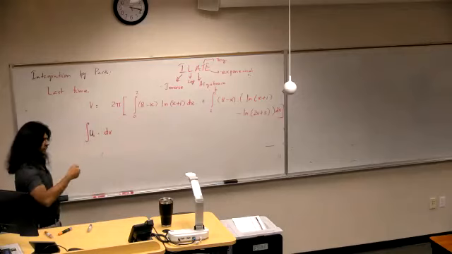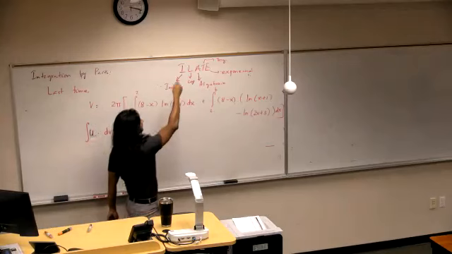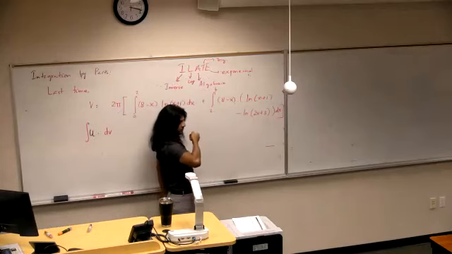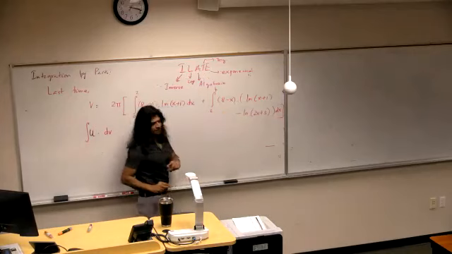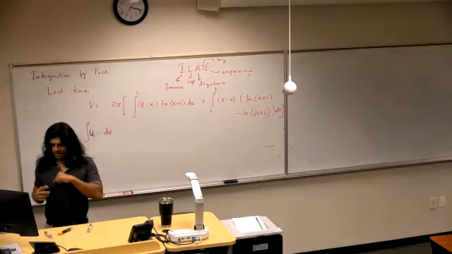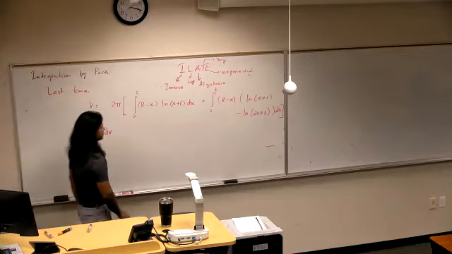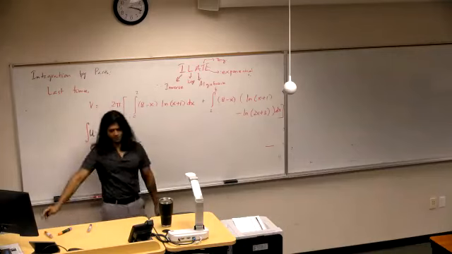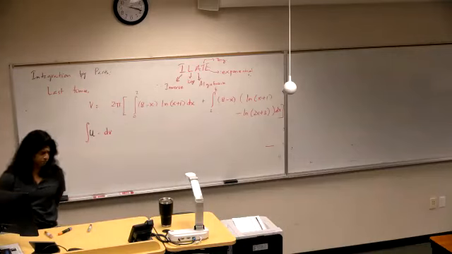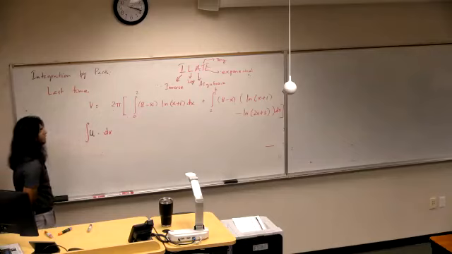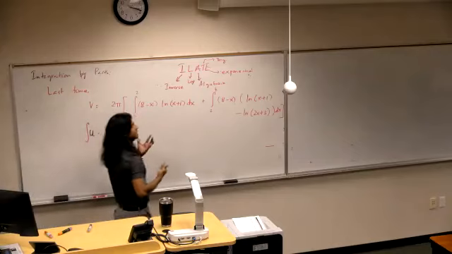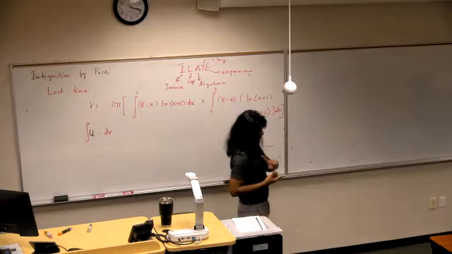Good? So ILATE is going to give you the order of picking u and dv, and don't forget, dv must contain the differential.